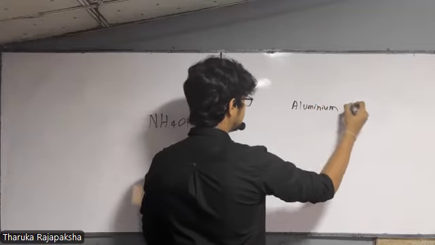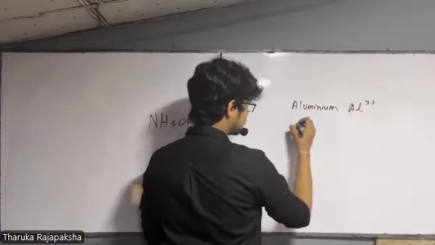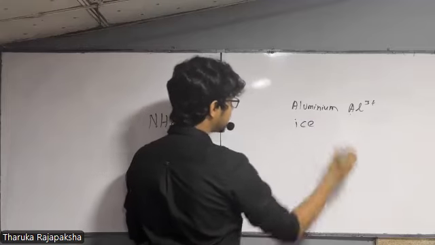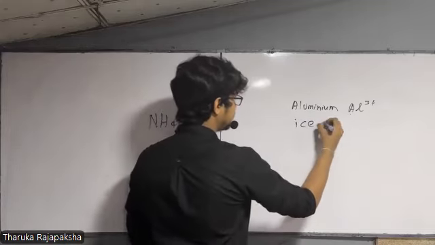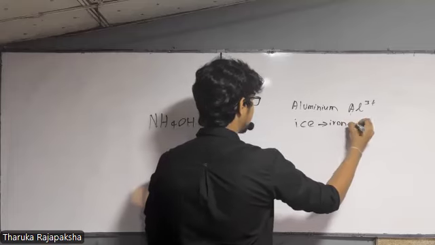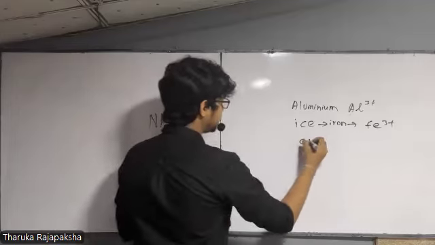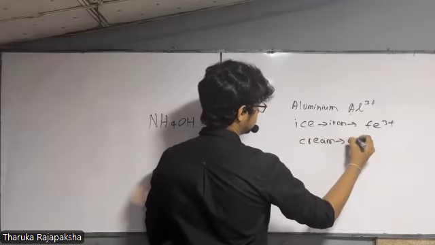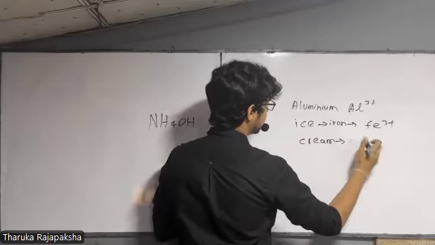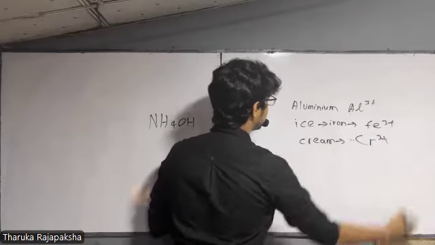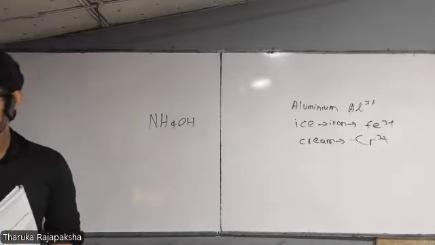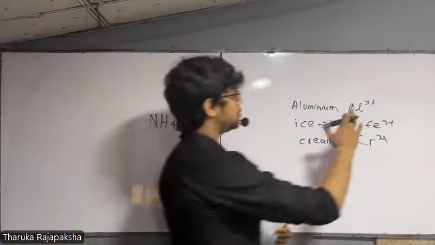Aluminium is of course Al3+. Ice means iron, ice cream is coming from iron. Iron means Fe3+. Cream means chromium. I'll write the ion itself, chromium 3+. And actually, hydroxide precipitates are formed.